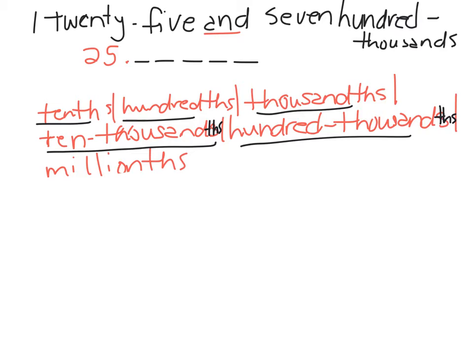We're going to stop at the hundred thousandths. So let's see how we would fill this in. So we have the 25 and 700,000. So we know the 700,000ths goes there. We don't have anything in between, so we have to put 0 as a placeholder so that we have 5 places to represent hundred thousandths.